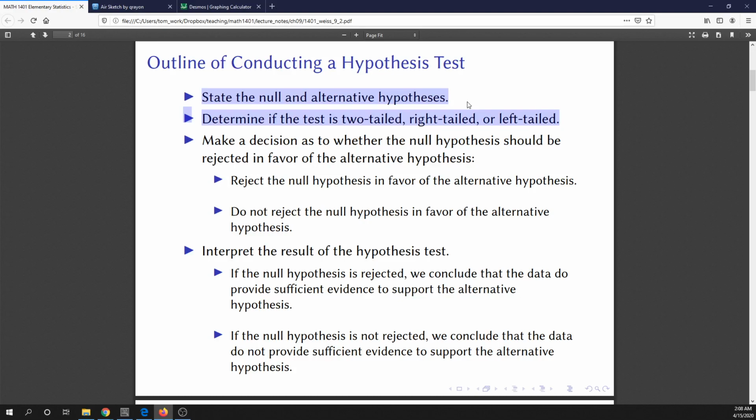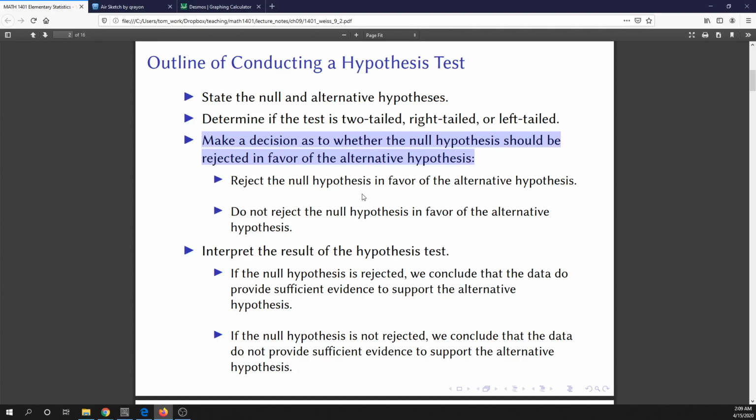What we are going to do instead in this chapter is add a little bit more detail into this step here. After you do those first two things, back in section 9.1, we talked about how you're going to have to make a decision as to whether the null hypothesis should be rejected in favor of the alternative hypothesis. And that's going to come down to one of these two things.